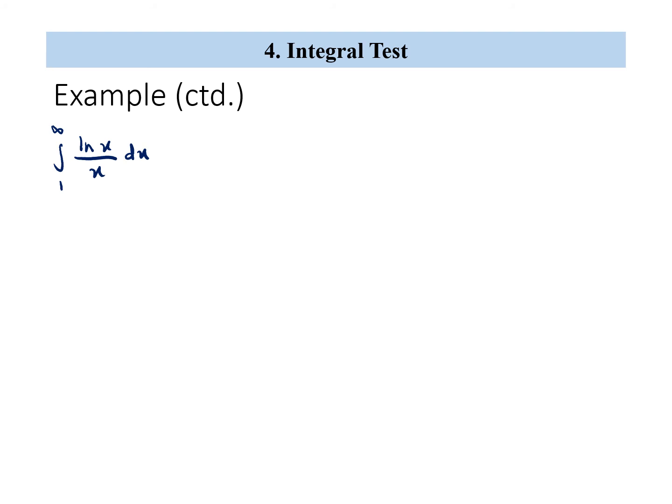Since the interval involves infinity, it is an improper integral. So we have to write the limit where the range is from 1 up to t, as t approaches infinity, of ln x over x dx.